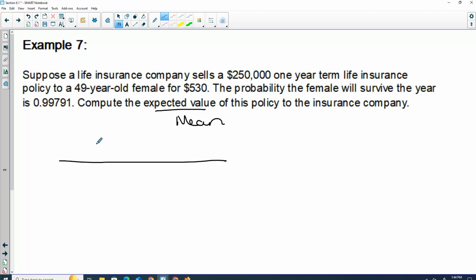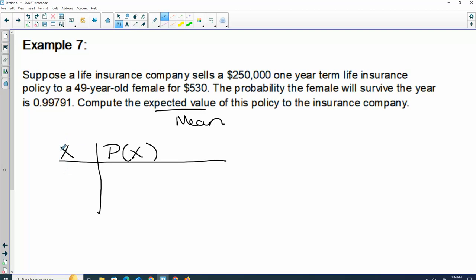So let's think about it. We can do x and our p of x. My two options here are if the person survives or if they don't. X is the value to the company.